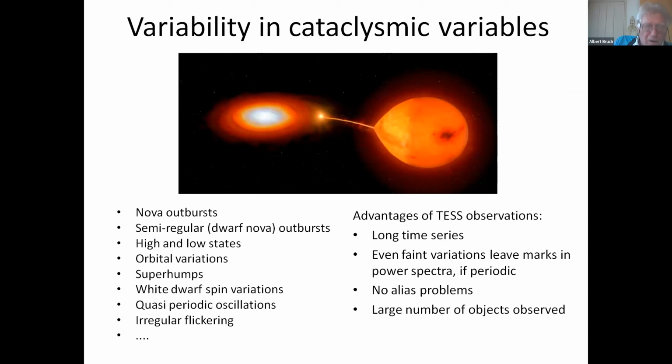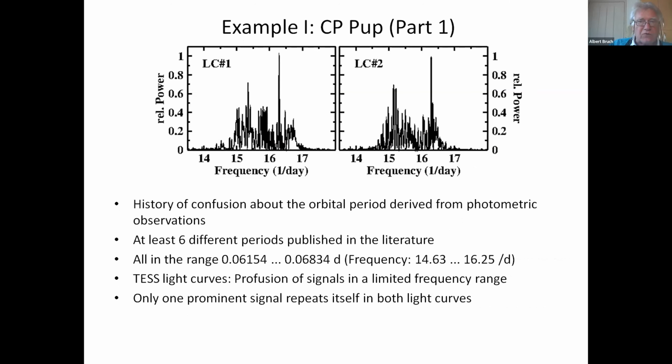I will restrict myself today to old Novae and Nova-like variables, that is CVs with an accretion disk in a permanent high state, different from dwarf Novae, which have disks which oscillate between high and low states during the outburst cycle. Let me start with two examples. CP Puppis is a well-known old nova.